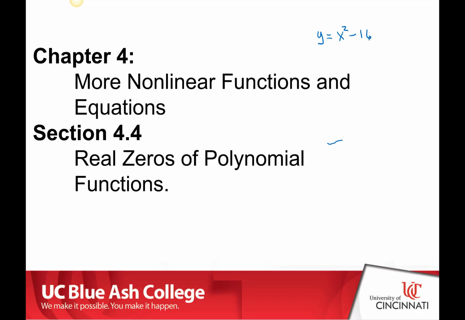The zeros that are real, and when it says real, it means real numbers as compared to complex numbers. Oh yeah, remember those? We did those a while ago, didn't we? Section 3.3 or thereabouts. Okay, the zeros for this would be x equals -4 or +4.